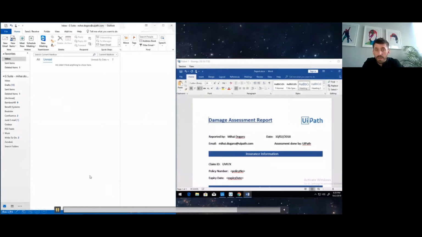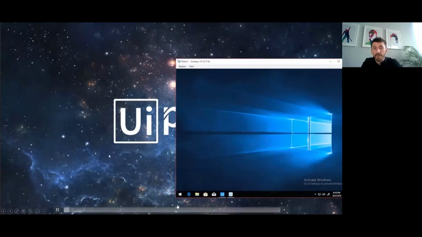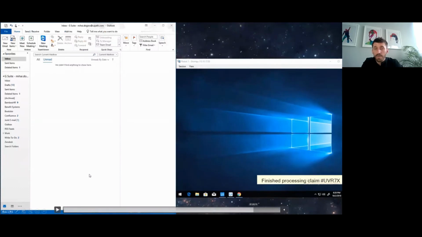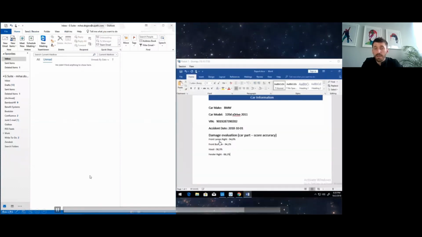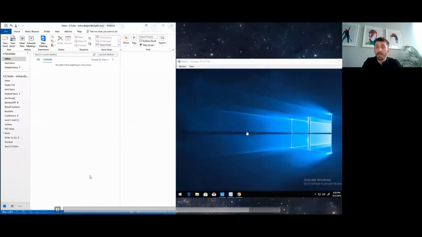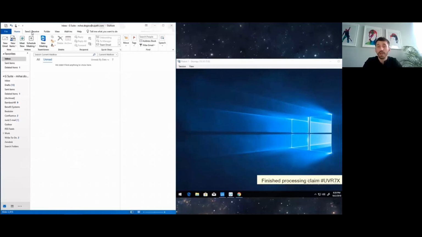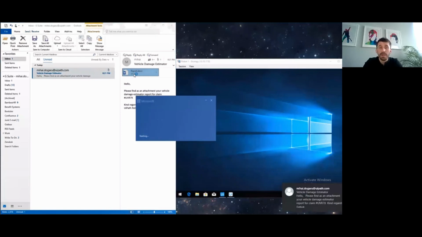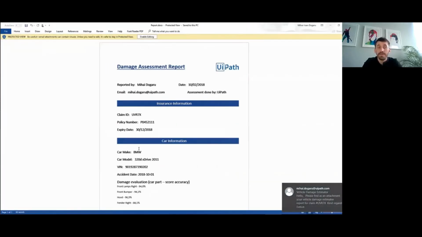Here you can see the level of the damage of each part. So the robot is preparing the report and sending it via email. So it's huge saving of the human effort.